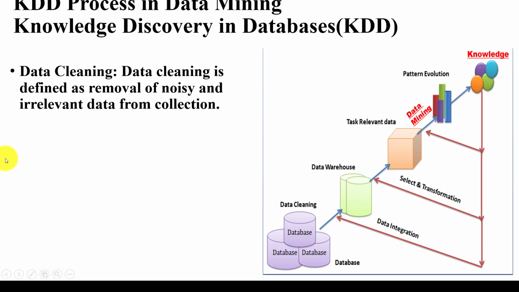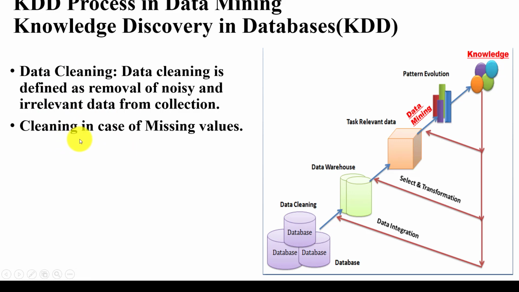That data I must remove, and that is nothing but noisy data, and that is nothing but data cleaning. So removal of noisy data, unwanted data or irrelevant data from a collection is nothing but data cleaning.